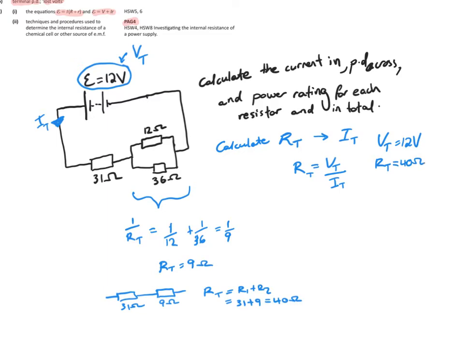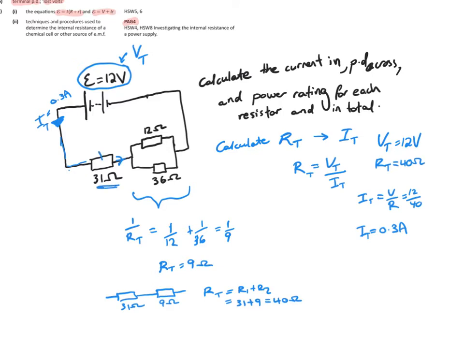So now I need to calculate the total current, which I can do by rearranging my equation. That will be 12 divided by 40, which is 0.3 amps. So the total current I have already calculated is 0.3 amps. Now if I follow through my diagram, I know that the current will continue to go straight and there's only one path through the first resistor, the 31 ohm resistor.